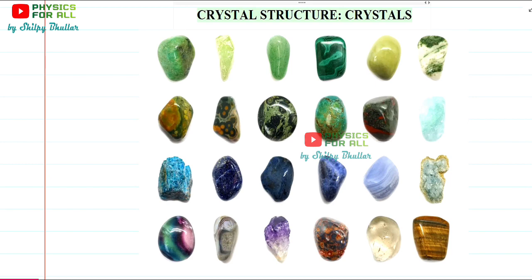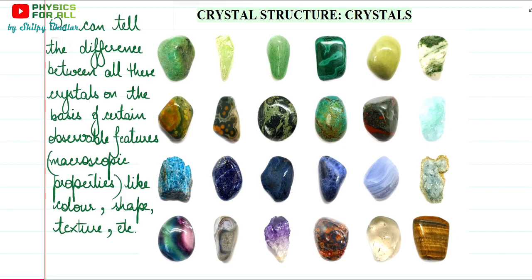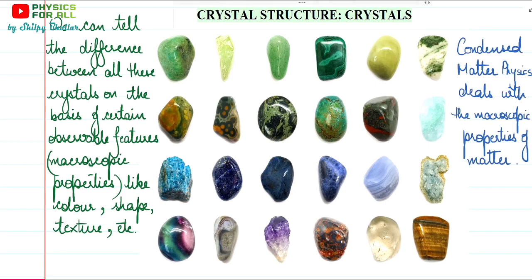So it's really easy to differentiate between objects which look different from one another, simply on the basis of observation. So all these observable features, which can be directly observed or measured, we call macroscopic properties. These properties are like color, shape, texture, etc.